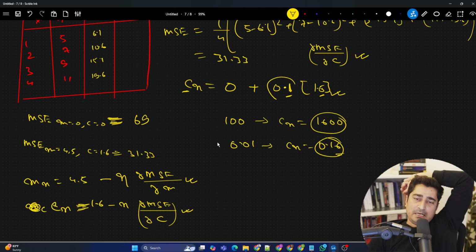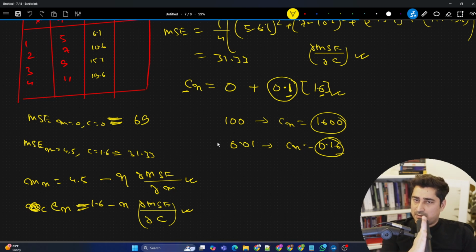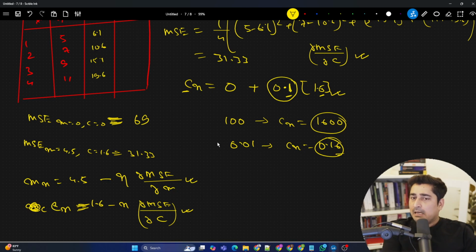So here learning rate is called a hyperparameter. Hyperparameter simply means that I can try to train it and find out the best possible values. Learning rate always tells you that you are trying to make changes, but how much?